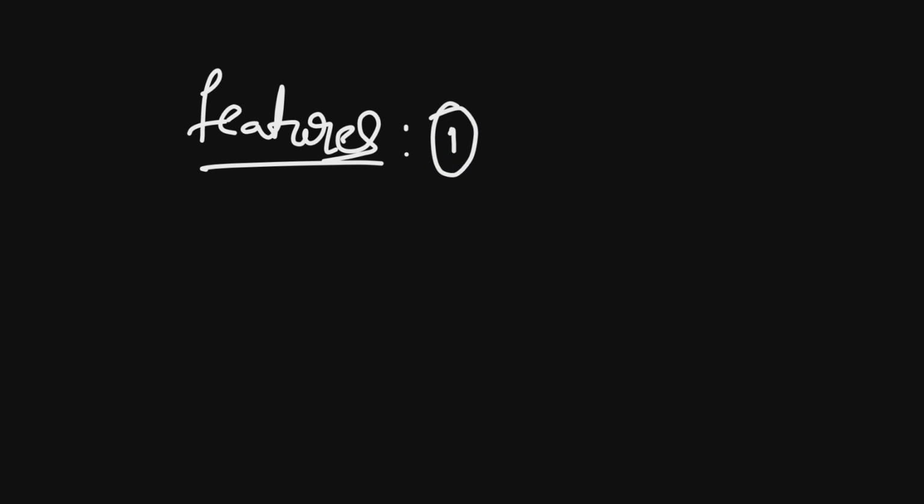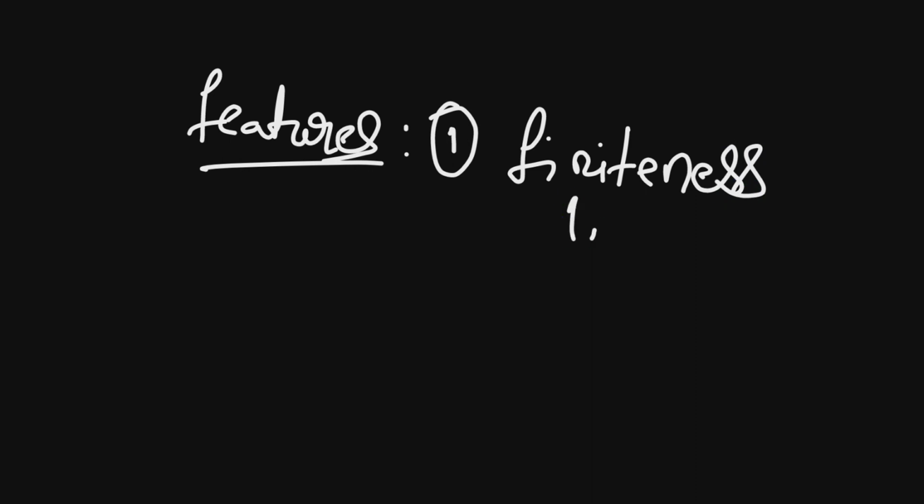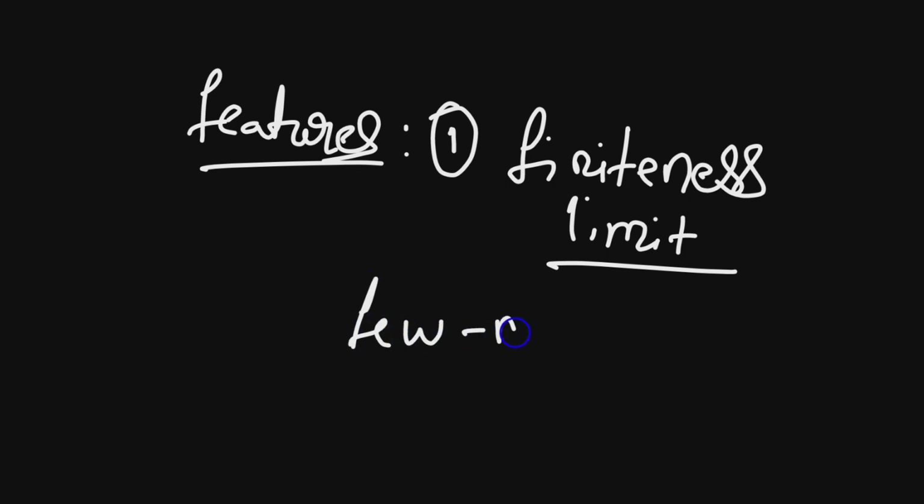Let us see what the features of an algorithm are. The first feature is finiteness. Finiteness means limited steps. I have to solve a problem within a few, minimum steps.